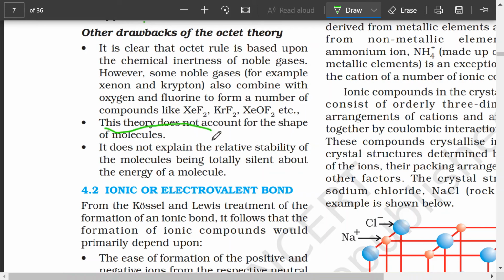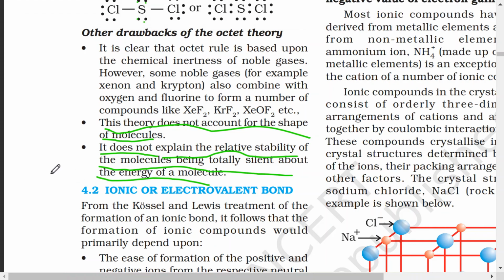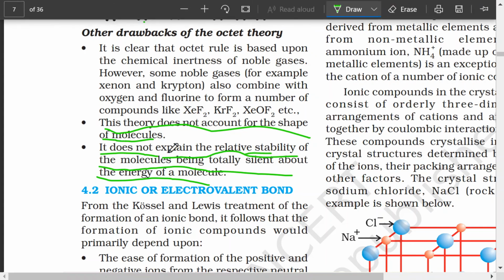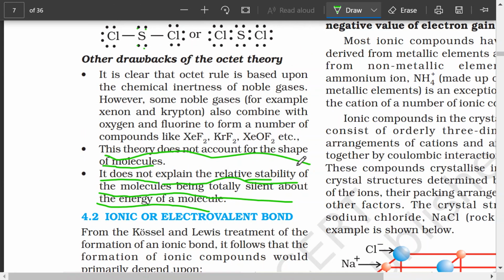It does not explain the relative stability of the molecule, being totally silent about the energy of the molecule. We cannot predict the energy of the compound, and we know that energy is inversely proportional to stability. Since we can't predict the energy, we cannot predict even the stability, right? And this theory does not even allow us to imagine what the shape of the compound would be.